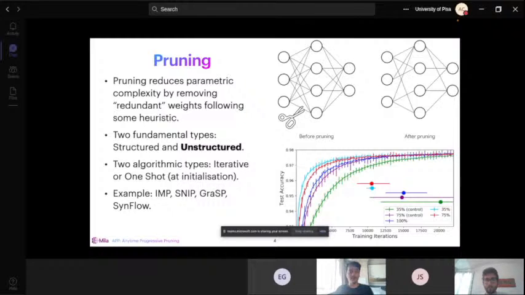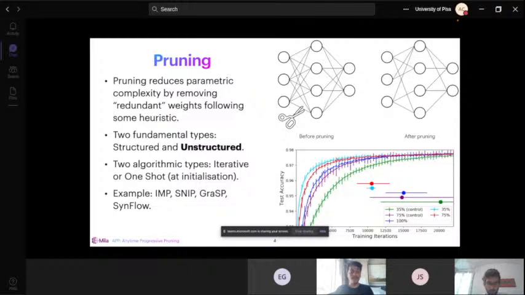There are two fundamental types of pruning. One is structured and the other unstructured. For this particular paper, we are only looking at unstructured pruning. And there are also two algorithmic types of pruning. There is post-training pruning, where you already pre-train a model and then you prune it and subsequently fine-tune it, or you can do it iteratively, or you can do it one shot at initialization as well, and some of these include SNIP, GraSP, and SynFlow.